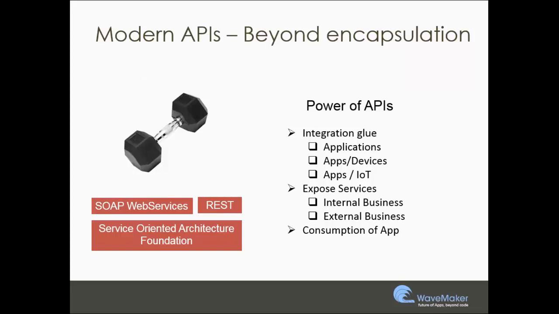We are also seeing the APIs being used to expose the entire business to partners. For example, Salesforce uses this approach where they expose their entire functionality using APIs to their partners. So clearly we have moved beyond APIs just being encapsulation components.